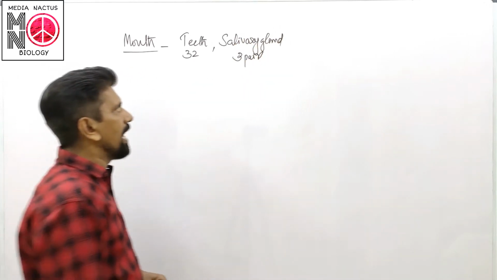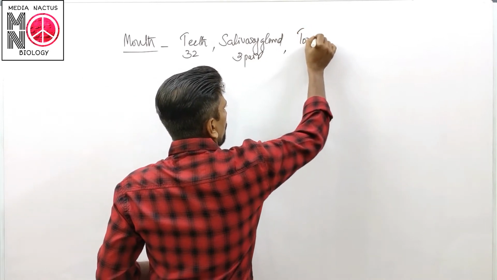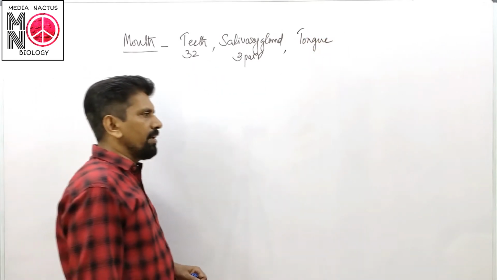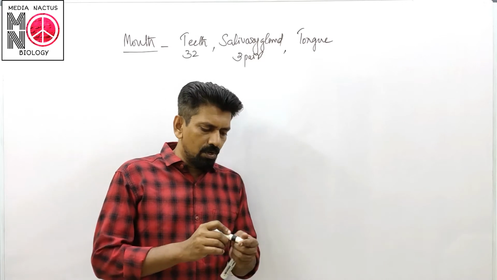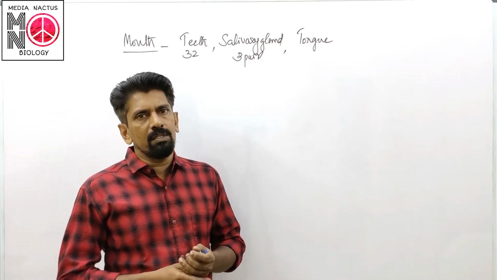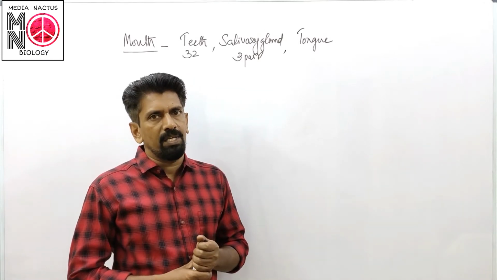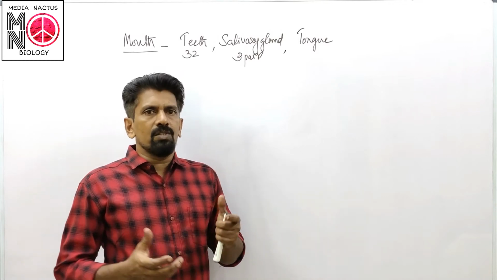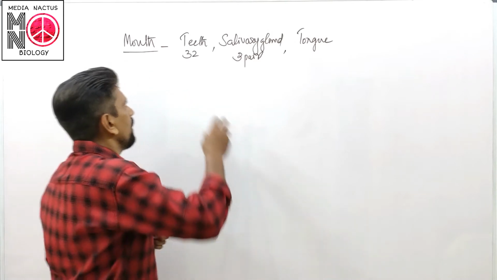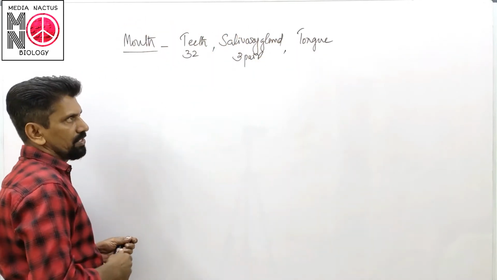Then the tongue, which is muscular and is used for tasting the food, mixing the food while it is ground with the help of the teeth, and swallowing the food. So first we may think about the functions of these different parts.